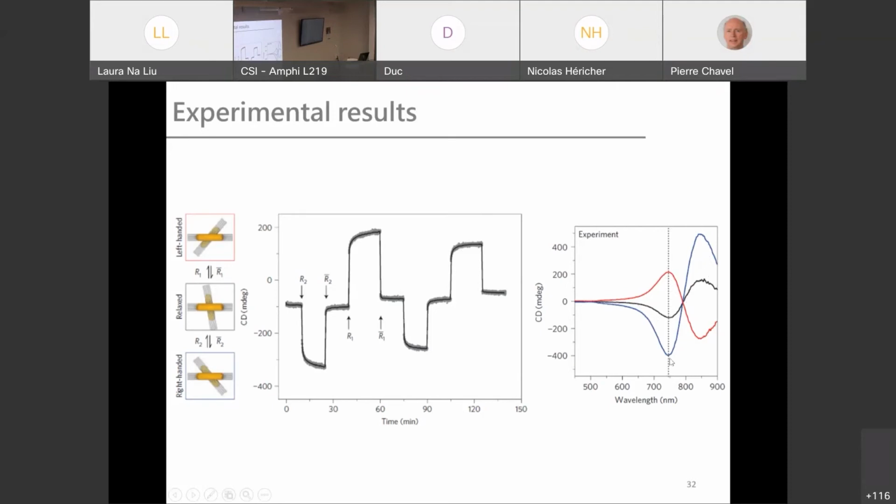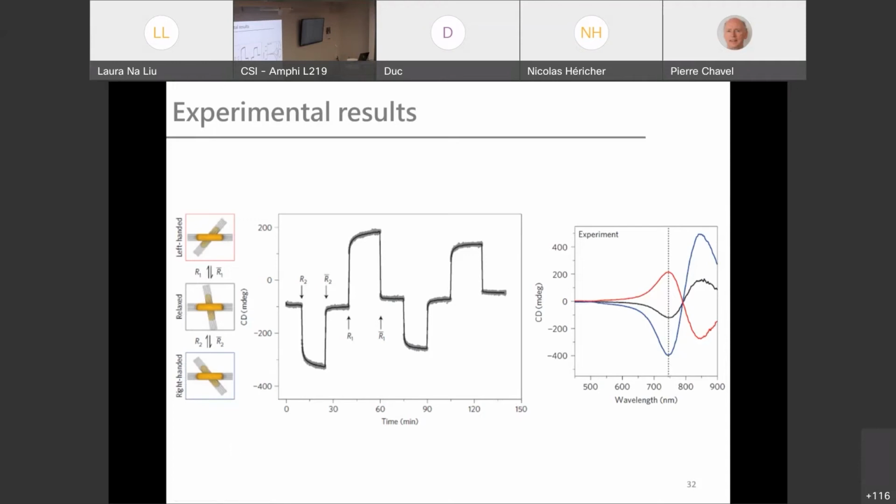So if we monitor the CD signal at a fixed wavelength around 750 nanometers, when we add the driving strands into the solution alternatively, then we can identify very well 3 different states, meaning when we add the driving strands into the solution, the system can be switched among left-handed state, relaxed state, and right-handed state.